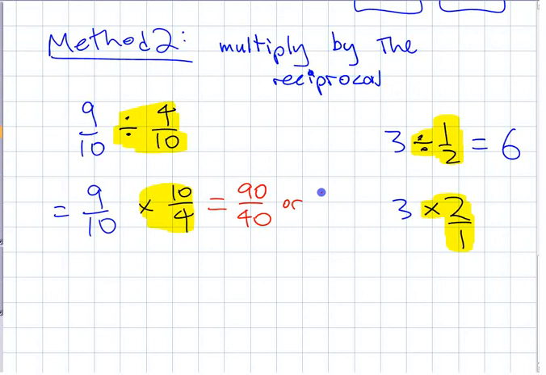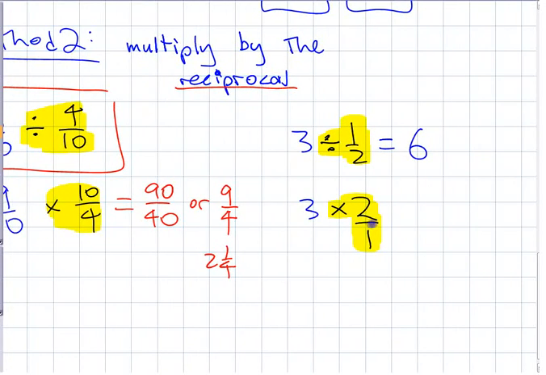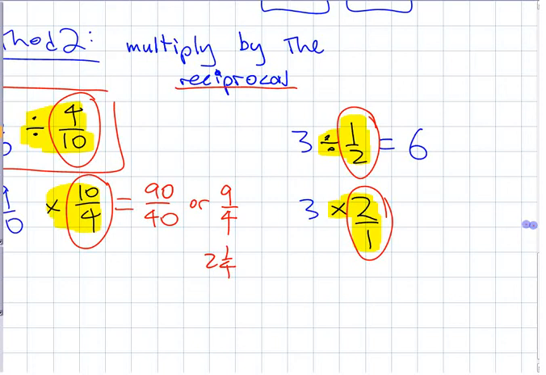Or if we put it in lowest terms, what could it be? 9 over 4 or 2 and 1/4 or whatever, right? You get the same answer. This is a shortcut that you're going to hopefully learn, that you can multiply by what's called the reciprocal. 2 over 1 is the reciprocal of 1 over 2. 10 over 4 is the reciprocal of 4 over 10.